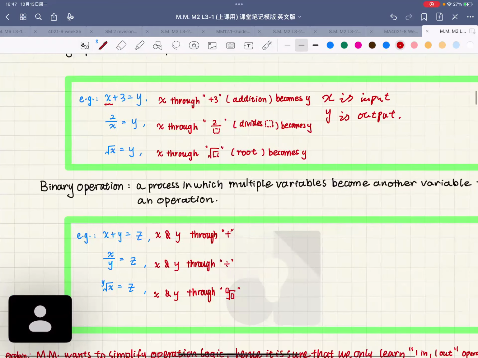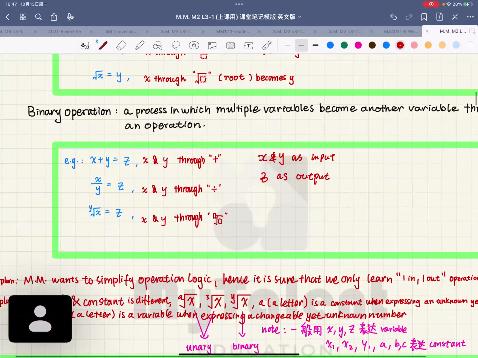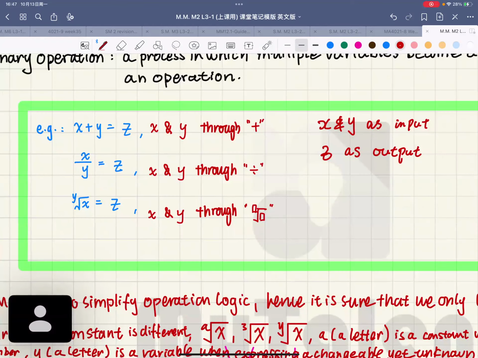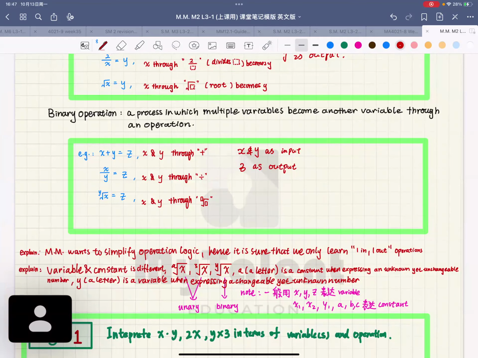But for binary operation, we have x and y as input and z as output. Basically, we have two inputs, all right? Basically, x and y through a plus, x and y through a division, and x and y through a square root. Okay, that's binary operation. These are just some concepts.